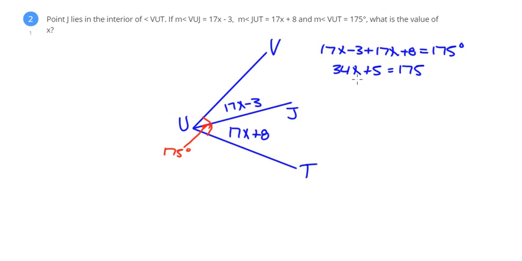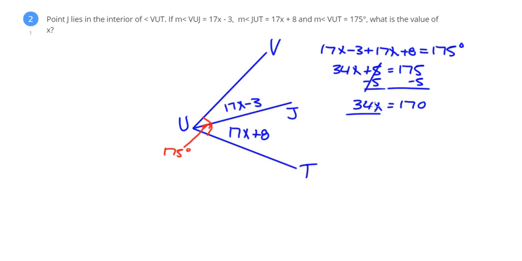Remember, with algebra, we want to get the x's by themselves and the numbers by themselves. So subtract 5 from both sides. That goes away, and we're left with 34x equals 170. If we want to get rid of an entire piece, like this plus 5, we subtract it, or add it if it was a negative.